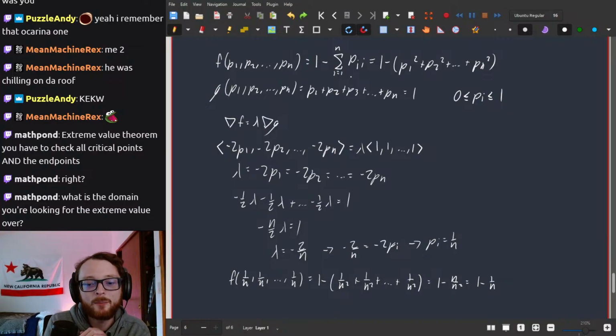It's not very mathematical, I guess. I mean, it kind of is, but I can make an intuitive argument where if we're at the edge of the domain, that necessarily means that some of these proportions are 0. And that's not very interesting because it means we don't truly have as many alleles.